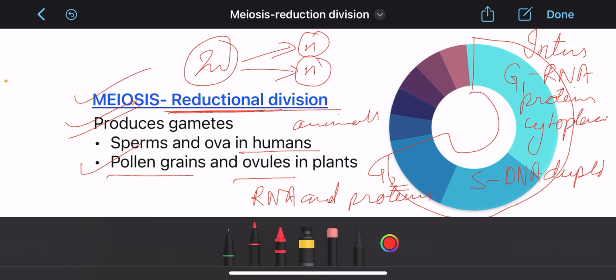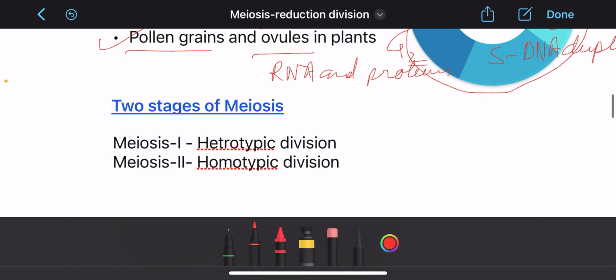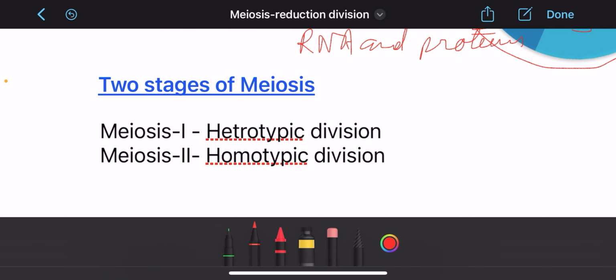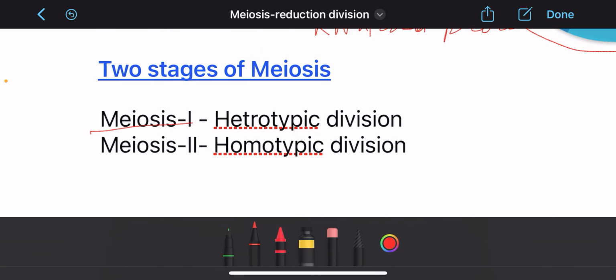Now, after synthesizing the effective machinery, the cell enters into the M phase, or meiosis. Meiosis is of two stages. The first stage is meiosis I, that is heterotypic division. Why is it known as heterotypic? Because hetero means different and typic means type. So different types of cells are produced than the parent cell.